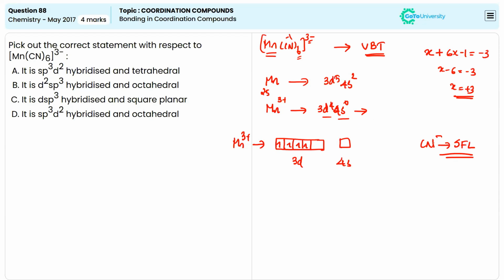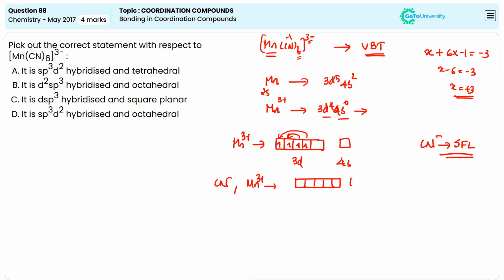So the Mn3+ ion has 3d4 4s0 configuration. When the CN- ions approach this metal, what will happen here? The electrons will pair up. How are the electrons pairing up? They will go back and pair with the other electrons. So in the presence of CN- ions, the Mn3+ ion will be as per the given configuration.